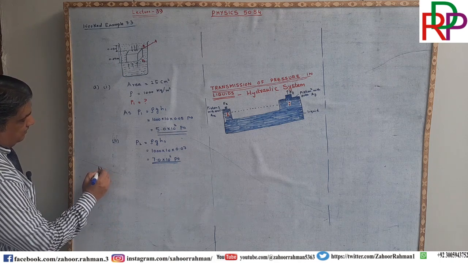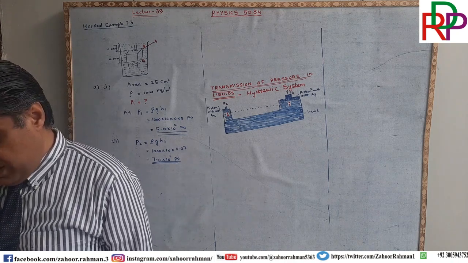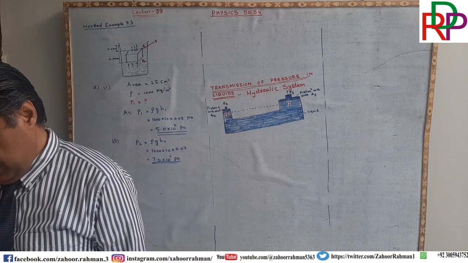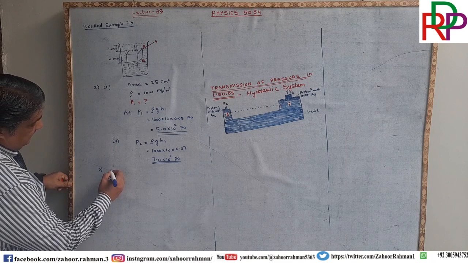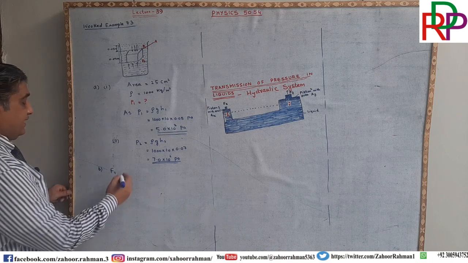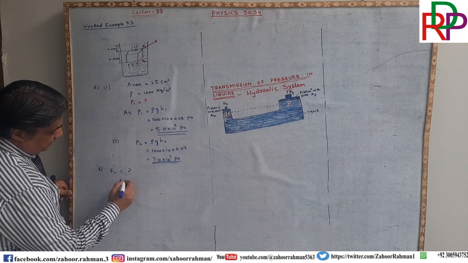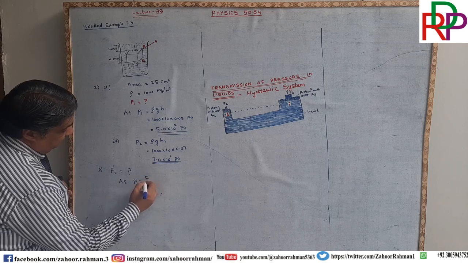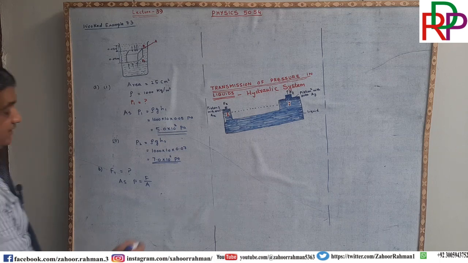Now in the second part we are going to find, number 1, the force exerted by the water on the top surface. So we have to find the force exerted on the top surface, and we are labeling it as F1. As we know that pressure is equal to F divided by A, which is force per unit area.